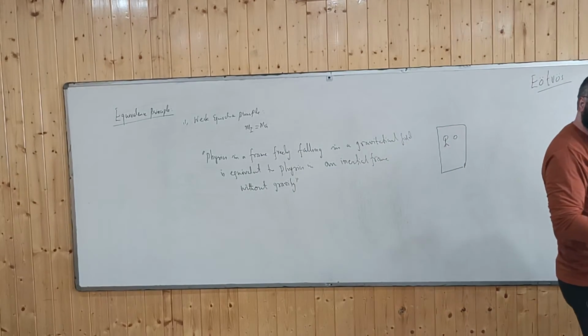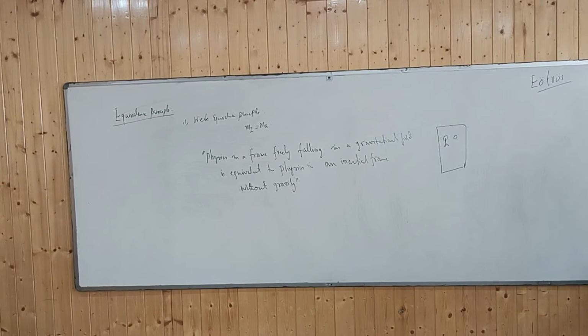So it is known as the weak equivalence principle. In other words, if you have to create gravity, what do you have to do? You accelerate a given object. If you want to create gravity like the Earth, you accelerate that object with an acceleration of 9.8.